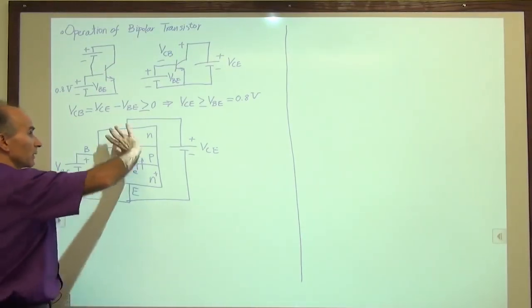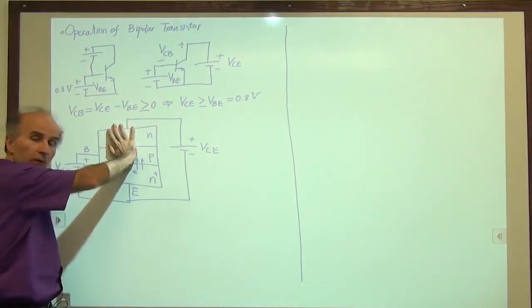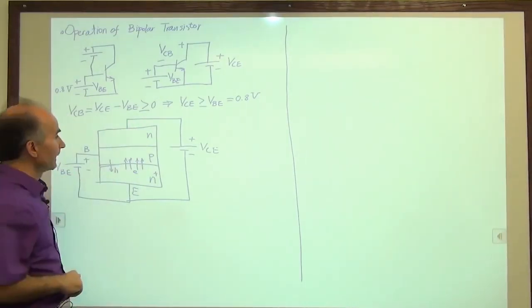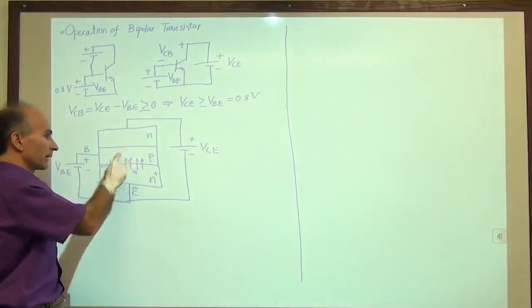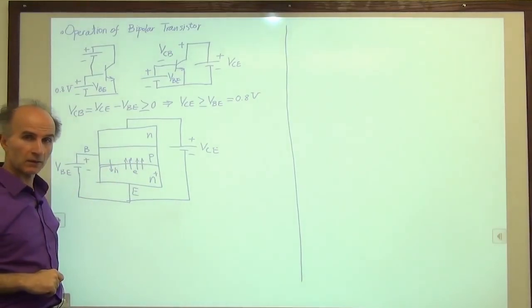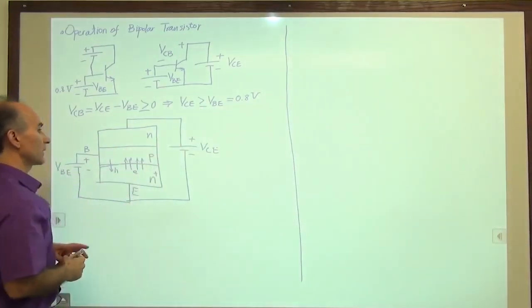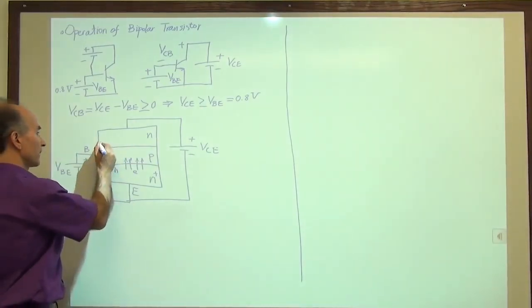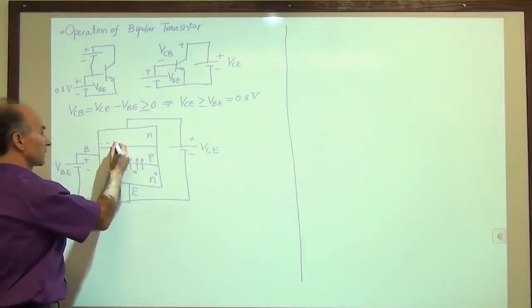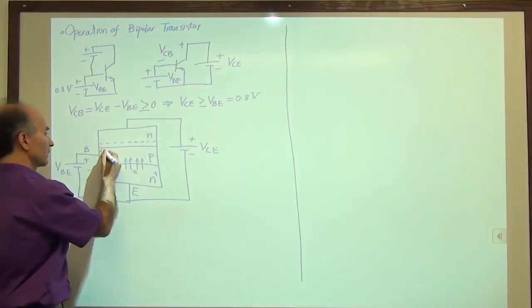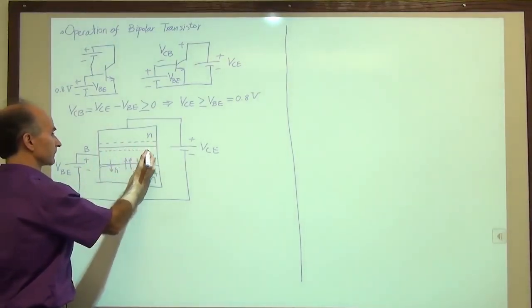If it has no current, then that's open, this is not useful. So something else must be going on. All right, well, we have a reverse biased junction here by proper choice of this voltage, right? Okay, so a reverse bias junction has a depletion region. So here's a depletion region that we have between the collector and the base.